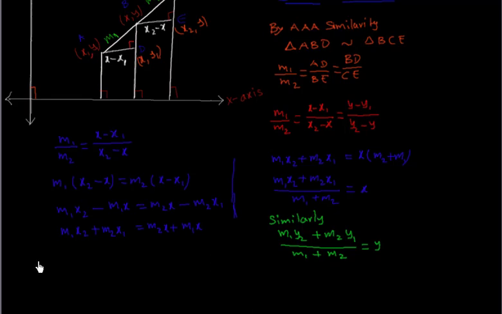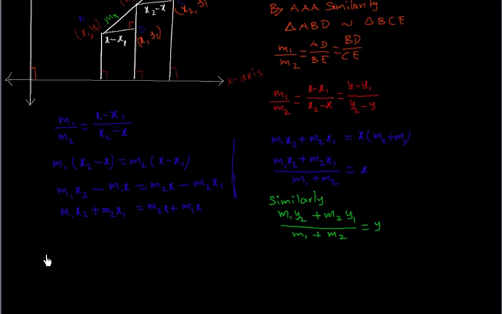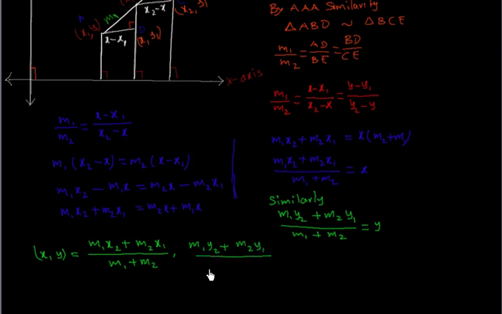So finally we can conclude that x comma y equals M1 x2 plus M2 x1 by M1 plus M2, comma, M1 y2 plus M2 y1 by M1 plus M2.